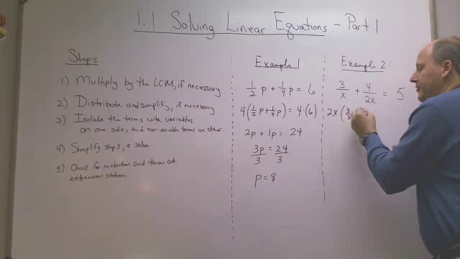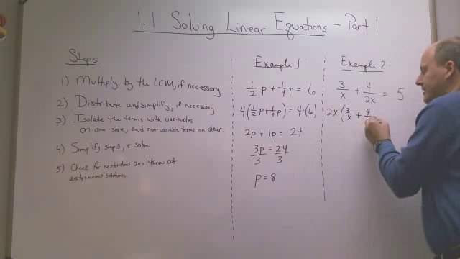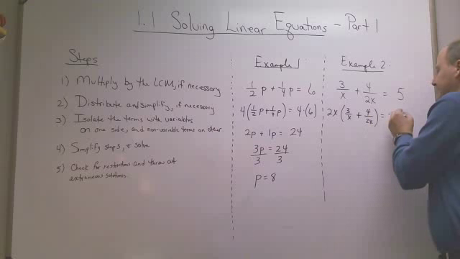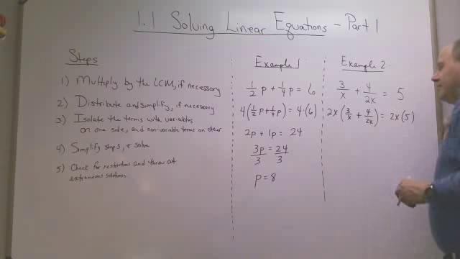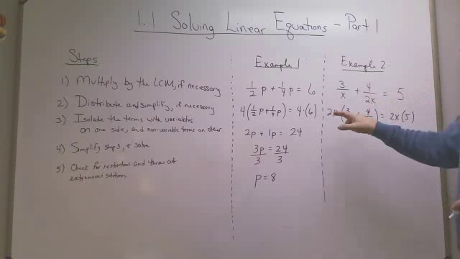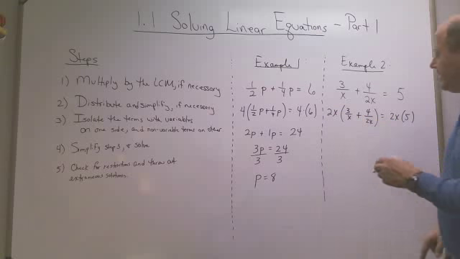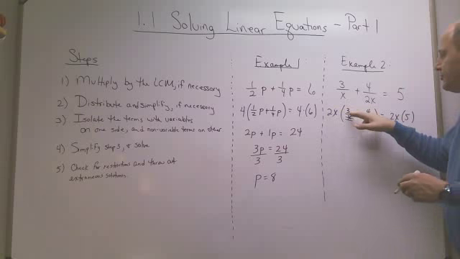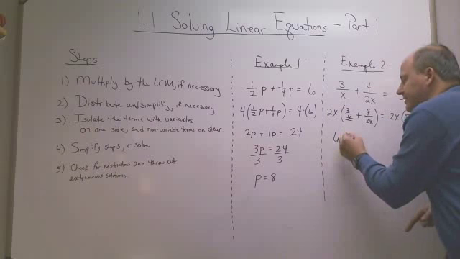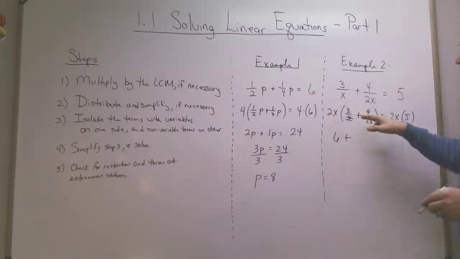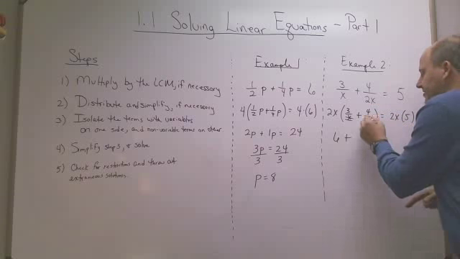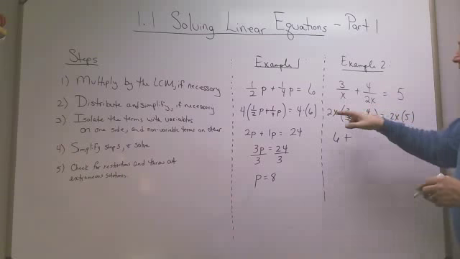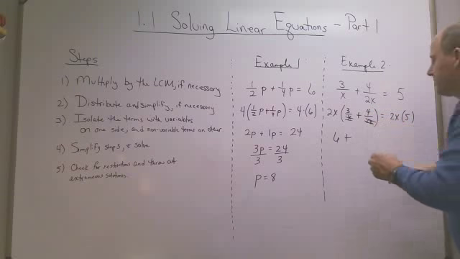So you multiply that times 3 over x plus 4 over 2x, and then multiply 2x times the other side. So, and distribute. So 2x times 3 over x. The x's cancel. So 2 times 3 is 6. And then 2x times 4 over 2x, the 2x cancels totally. And so it just leaves you with 4.